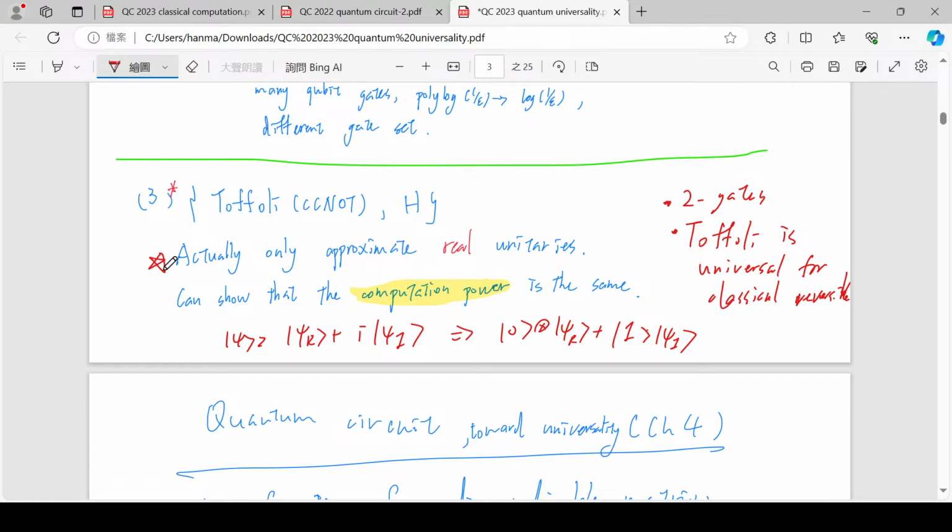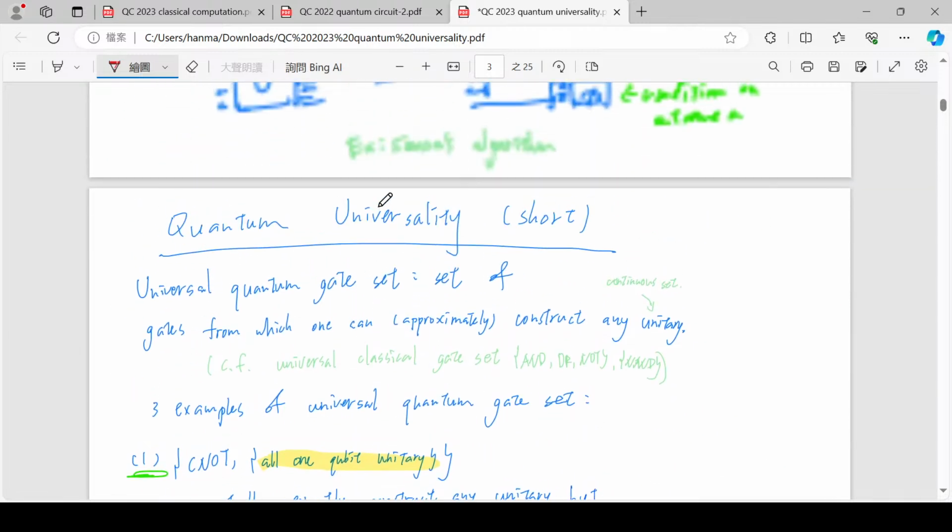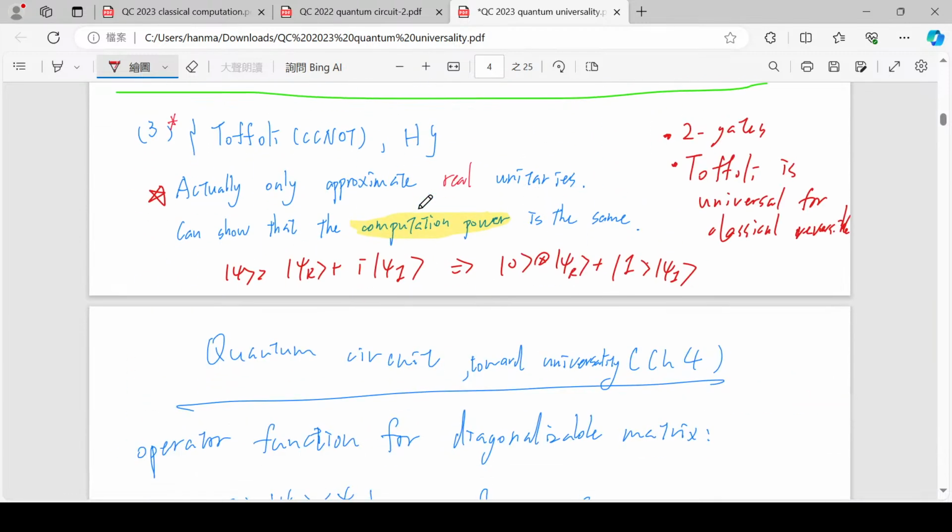Because again, as a theoretical tool, this shows you that you can do every quantum computation with only real unitaries, etc. Okay. And yeah, so that's a special part about this gate set. Very interesting. Okay. And this is a quick overview of this PDF. Any questions?